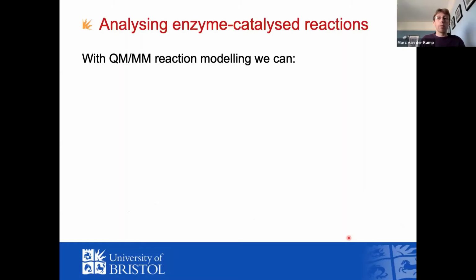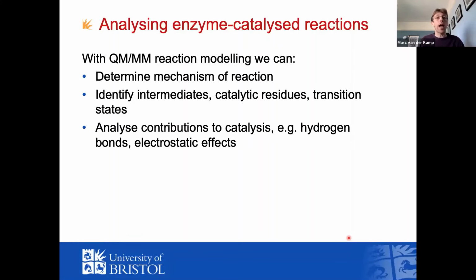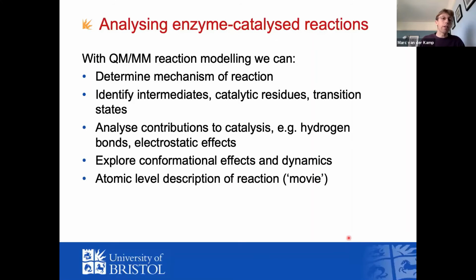So before we move to the workshop material, just a brief outline of the things that we can do with QM/MM reaction modeling. We can help determine mechanisms of reactions by following two alternative ones and see which one is giving us a much more reasonable energy barrier. You can do things like identifying intermediates and so on, catalytic residues, analyzing contributions to catalysis, exploring conformational effects.